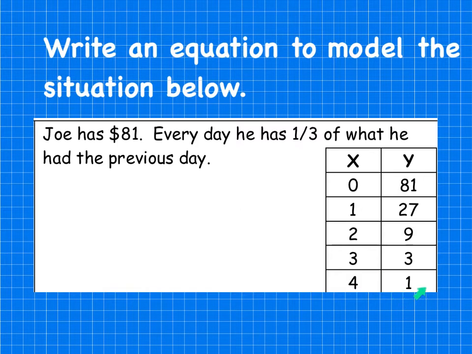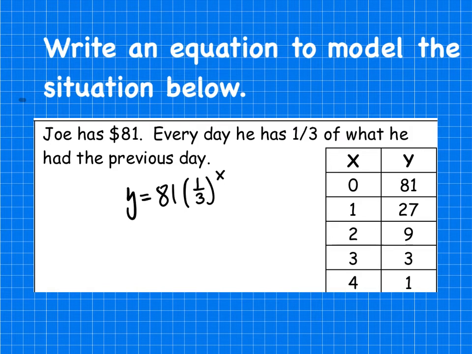But the process for figuring out what that multiplier is is still the same. 27 divided by 81 is 1/3, 9 divided by 27 is 1/3, so on and so forth. So again, starting point, we've got 81. So y equals 81 times 1/3 to the x.